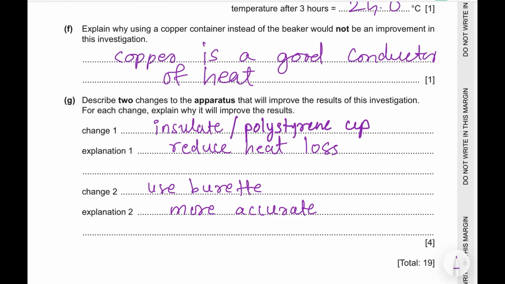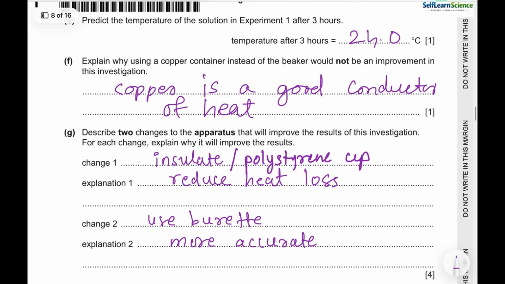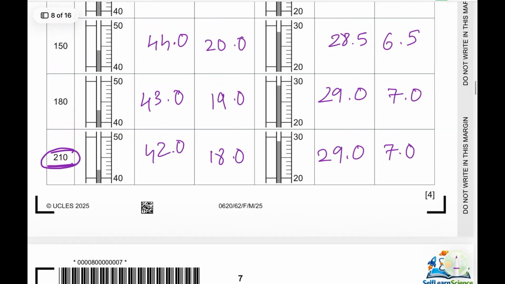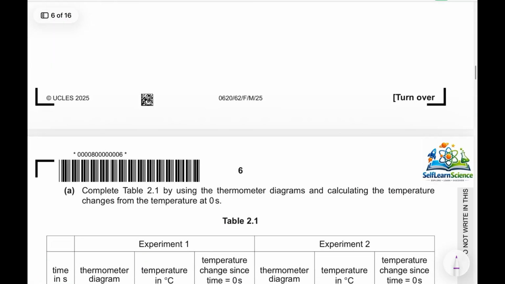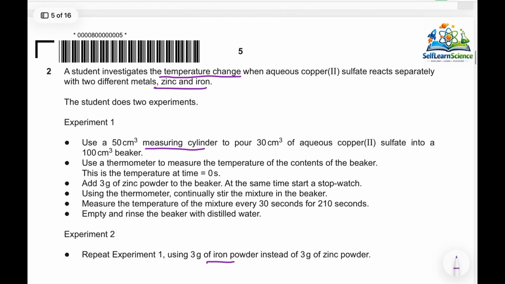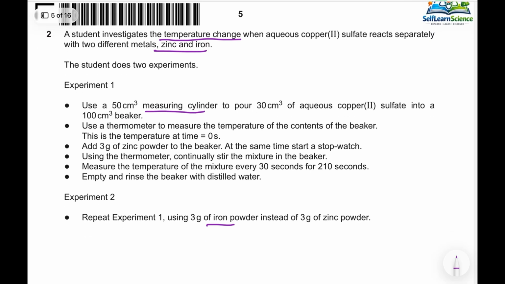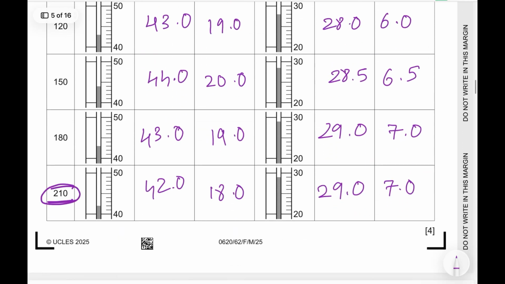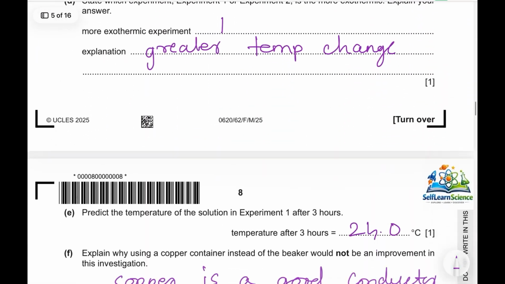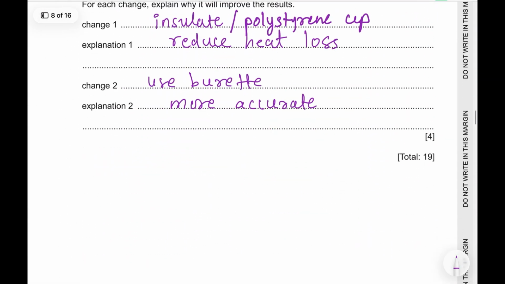That is going to reduce the heat loss to the surroundings, and hence we are going to get the accurate temperature change. And second, as I read the experiment, I have underlined that they have used a measuring cylinder. Whenever they are using a measuring cylinder, we are supposed to improve it by using a burette, because a burette is more accurate than a measuring cylinder.